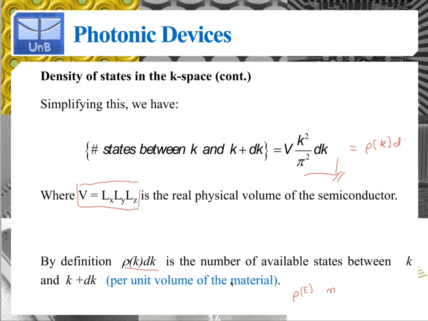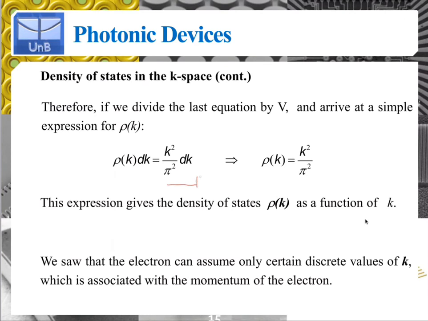So this is equal to this if you divide by V, which cancels with the V in the numerator. You have to divide here as well, divided by V, which means that rho of k dk is equal to k squared divided by pi squared times dk, which is a much simpler expression, right? So that's it. This is rho of k dk right here.